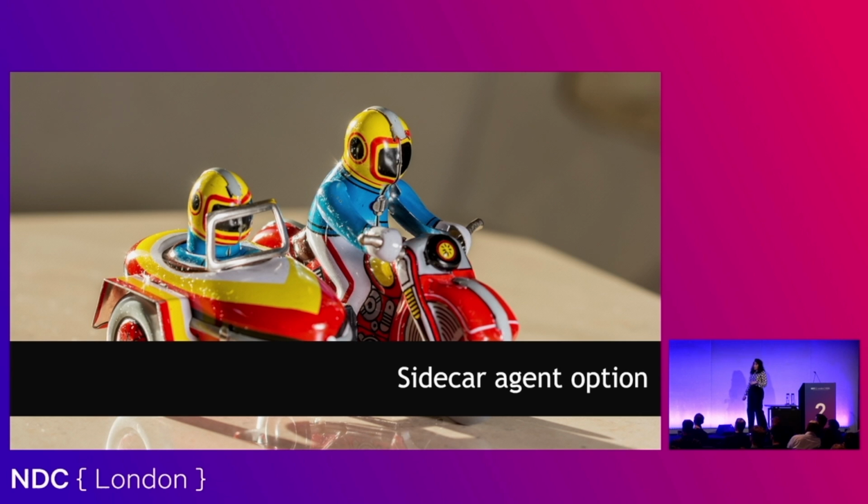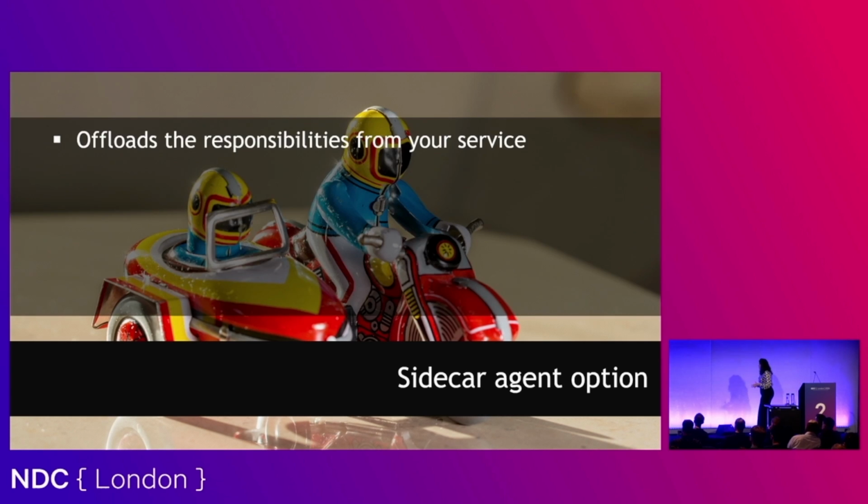Now, one of the options to deploy the OpenTelemetry Collector is to use a sidecar. In this case, what we're going to do is release a sidecar per service, right? And that offloads all of those responsibilities that we talked about to that sidecar service. The individual business service can just focus on what it's supposed to do, the business stuff, right?